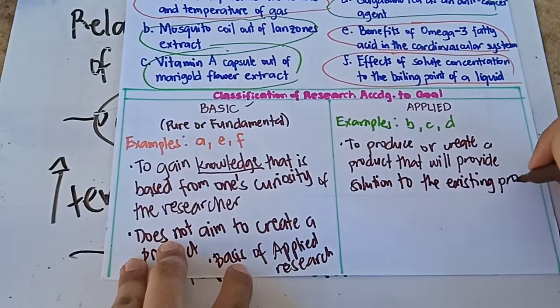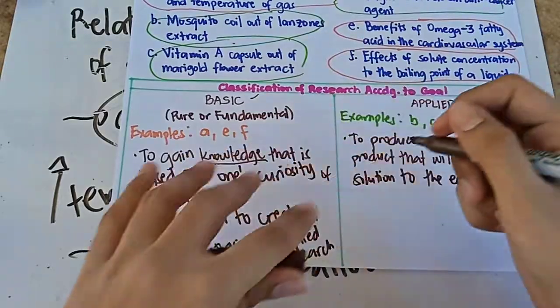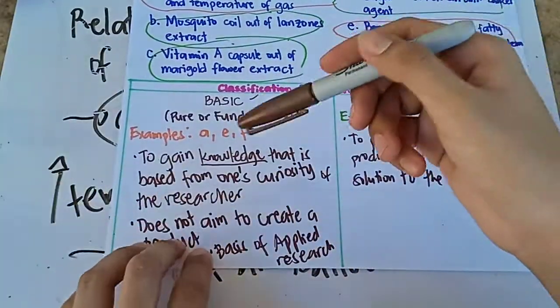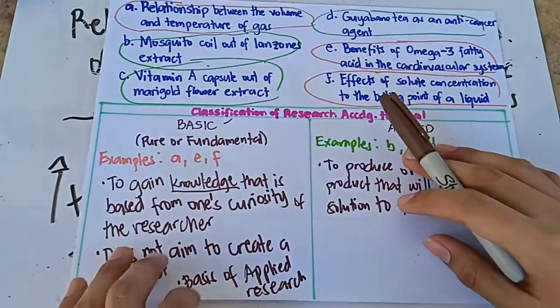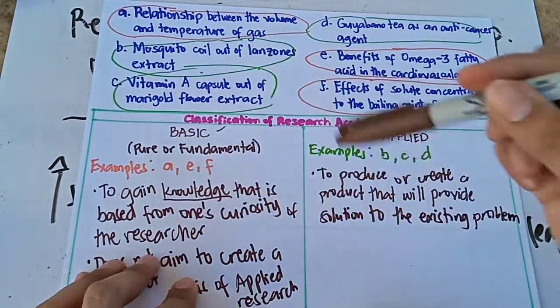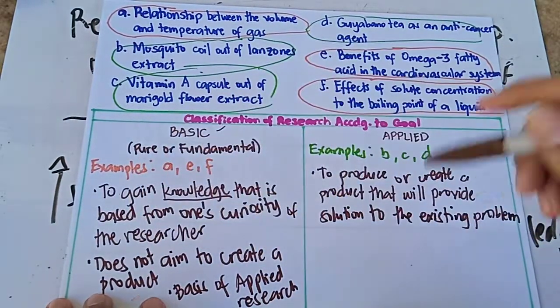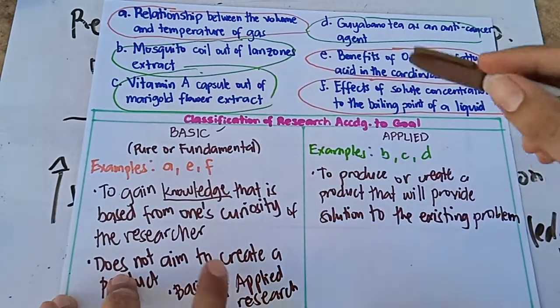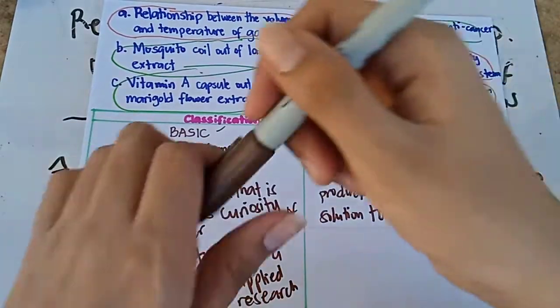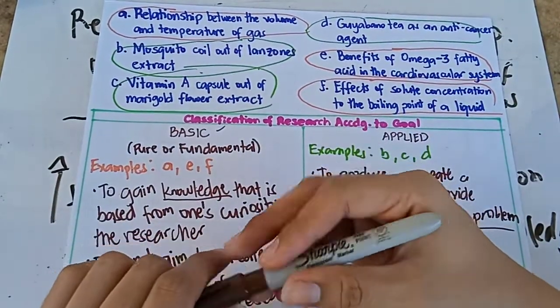So that is the main difference between basic research and applied research. Basic research is used to gain knowledge only, but does not create a product. However, applied research aims to create a product that will provide a solution to our existing problem.